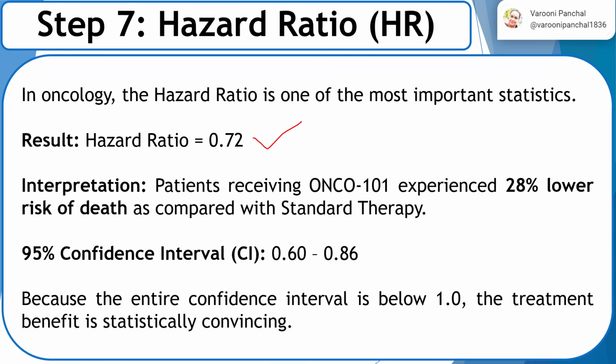Now the 95% confidence interval here is 0.6 to 0.86. Because the entire confidence interval is below 1, the treatment benefit is statistically convincing. Whenever you see this hazard ratio, it should always be between these two values, okay?